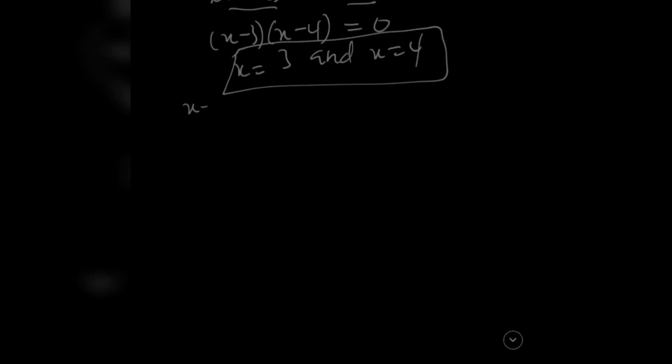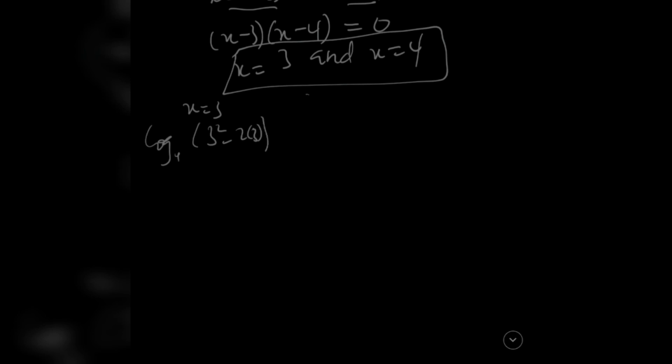Let's say x is equal to 3. For the left-hand side we will have log to the base 4 of 3 squared minus 2 multiplied by 3. 3 squared is 9, 2 times 3 is 6, so 9 minus 6 gives us 3. So the left-hand side is log to the base 4 of 3.